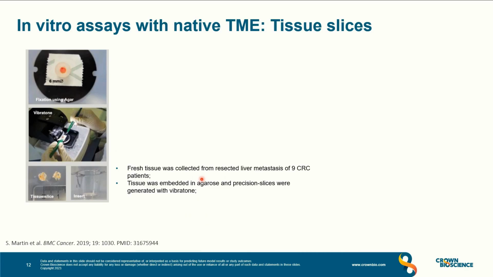This paper by Marten et al. shows an interesting example of using fresh tissue slices from liver metastases of colorectal cancer patients. The researchers used a device called Vibratome to generate precision cut slices of 100 to 200 micrometer thickness. Before cutting, the tissues were embedded in agarose gel.